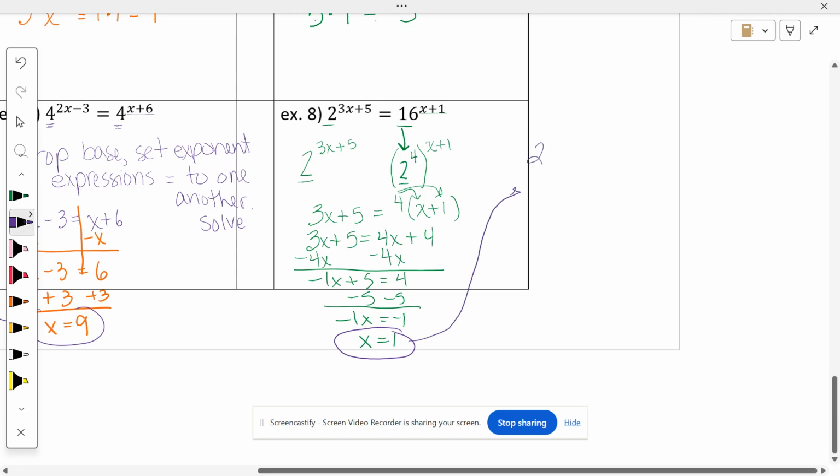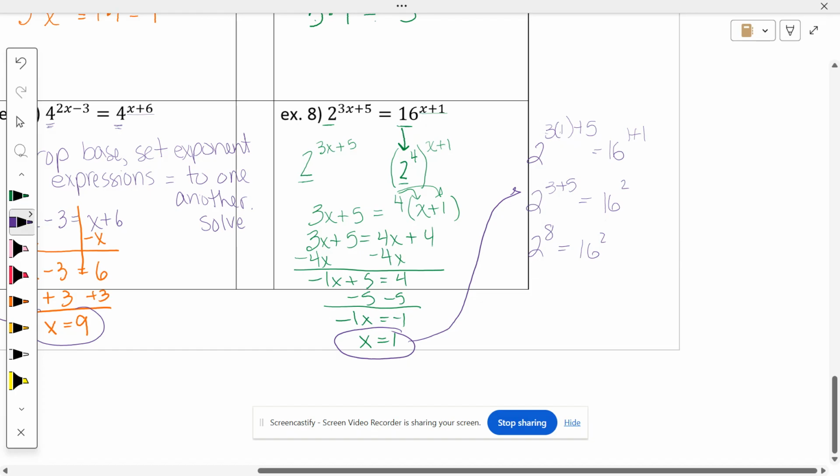So 2 to the power of 3 times 1 plus 5 is equal to 16 to the power of, remember, x is 1, 1 plus 1. Well, what is 3 times 1? 3 plus 5 equals 16 squared. Well, 2 to the 8th equals 16 squared.